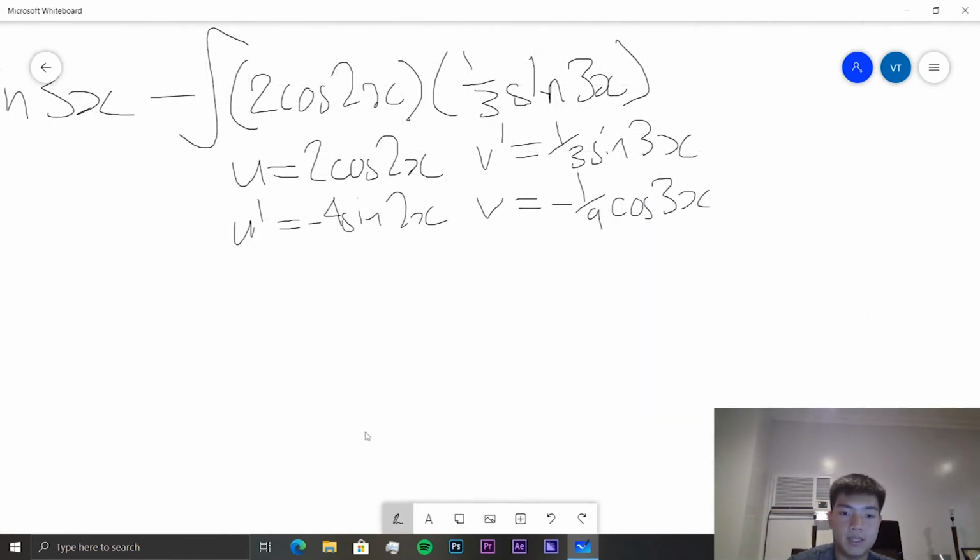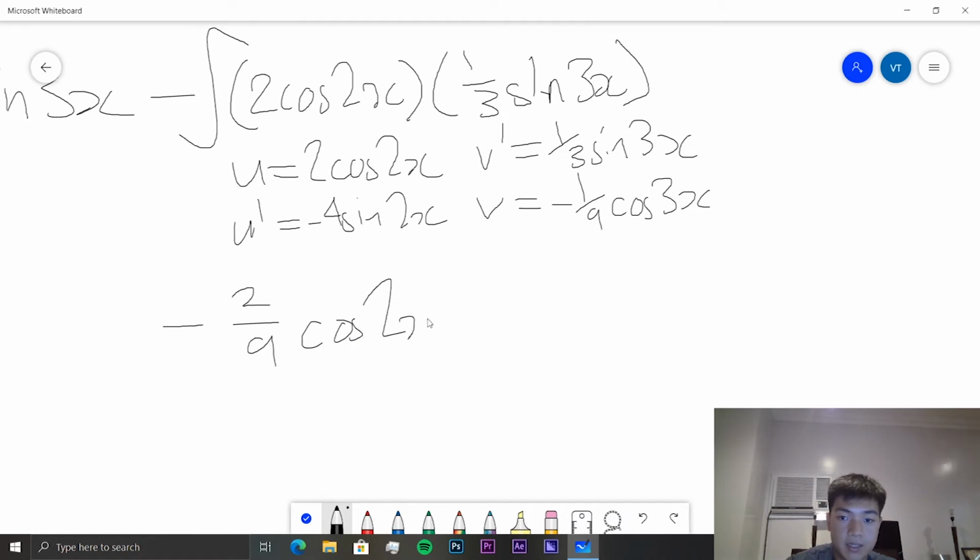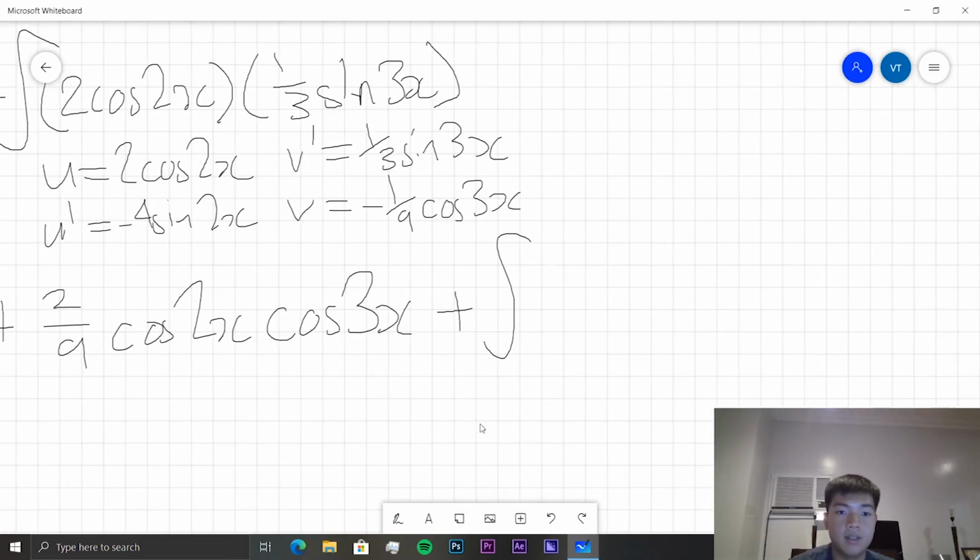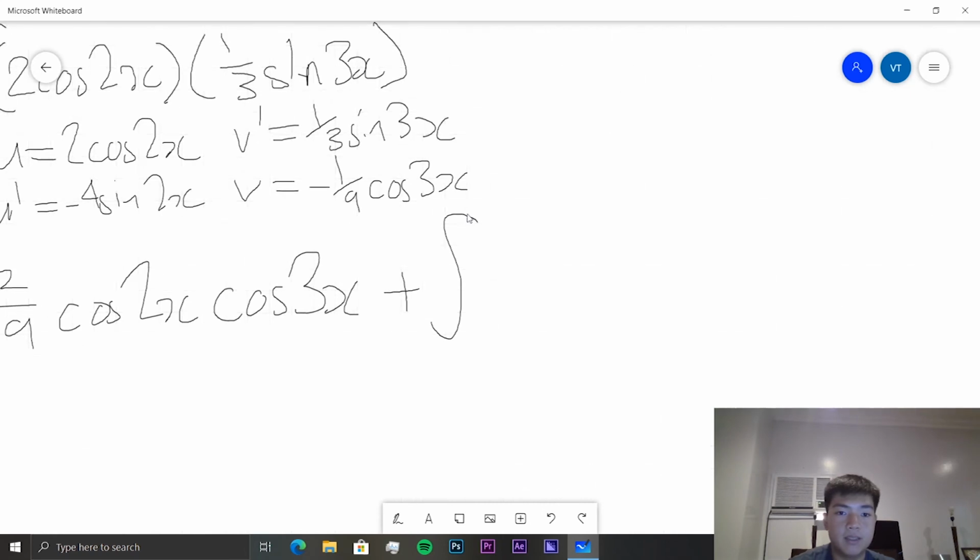So this is then equal to minus 2/9 cosine 2x cosine 3x, oh sorry, plus 2/9, since it's negative 1/9 here. And then we have plus the integral of negative 4 sine 2x times negative 1/9 cosine 3x.